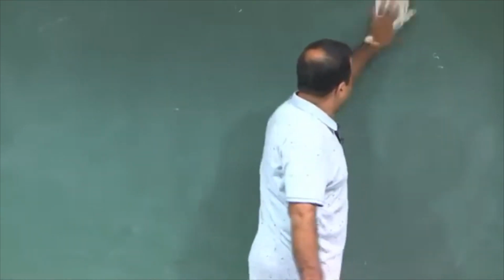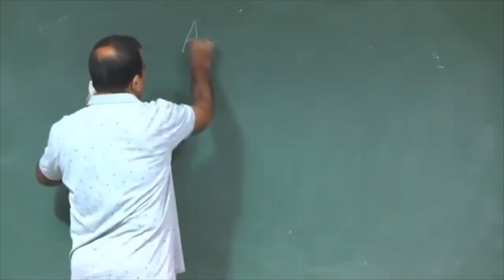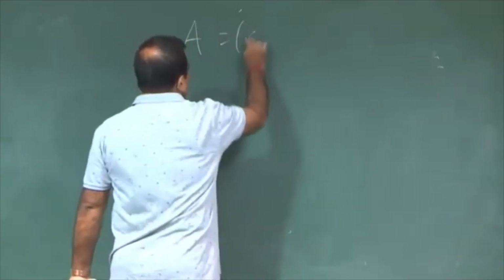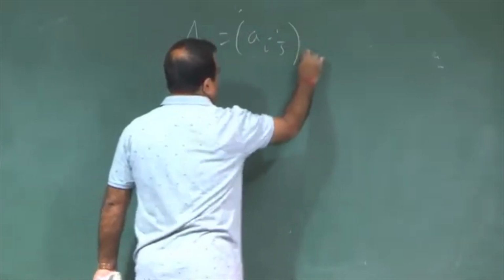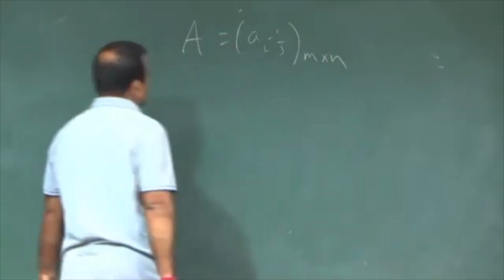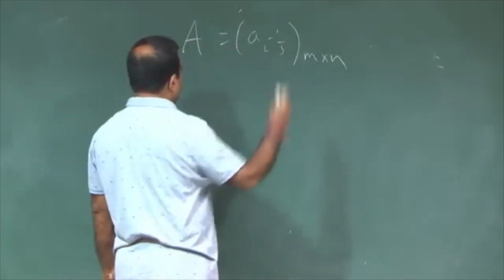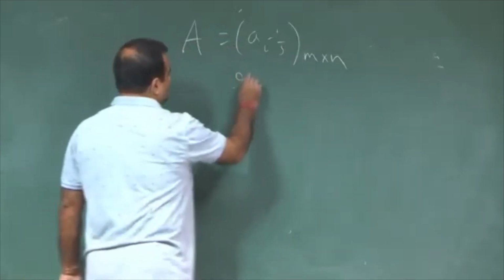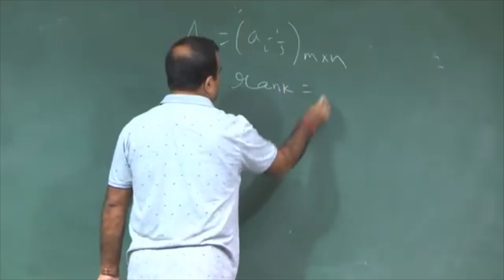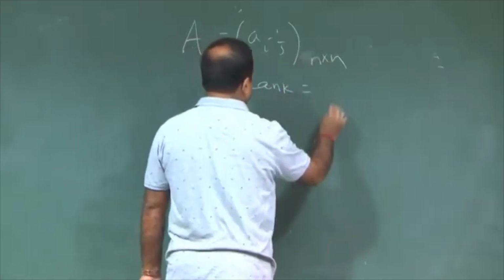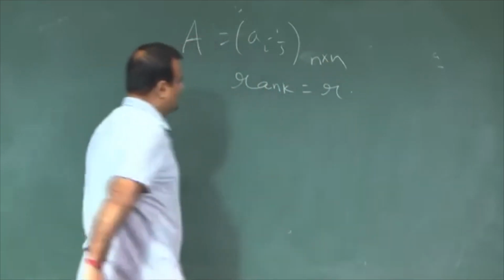So, if we are doing both row and column operations, suppose we have a matrix A, an m by n matrix, or for simplicity we can take n by n. Suppose the rank of this matrix is r.